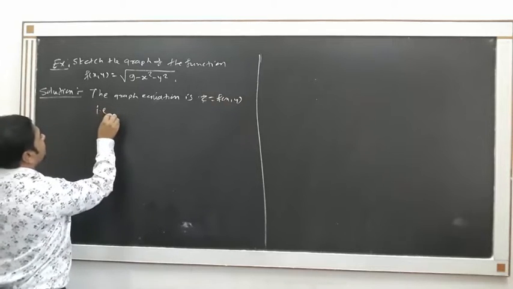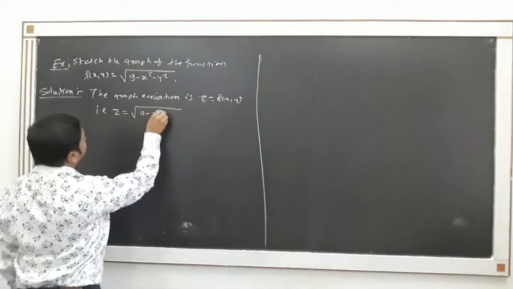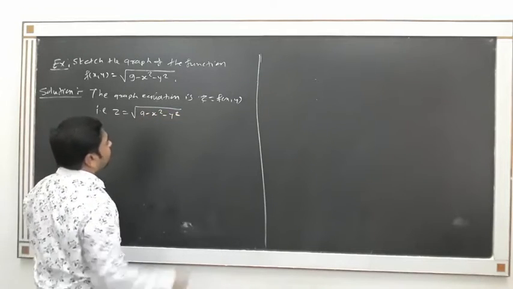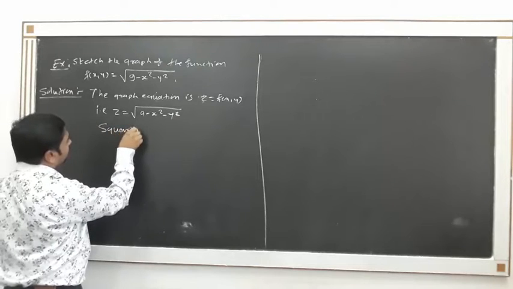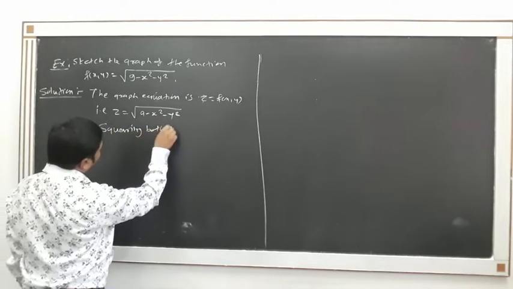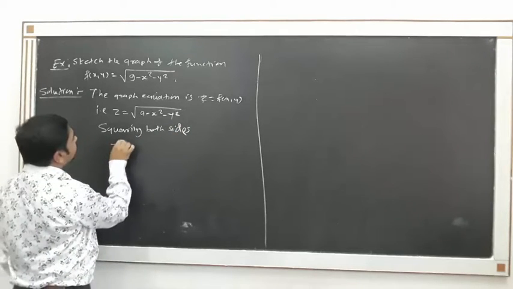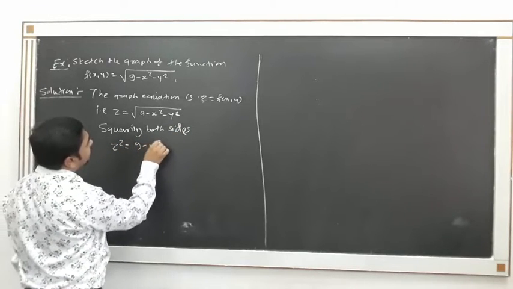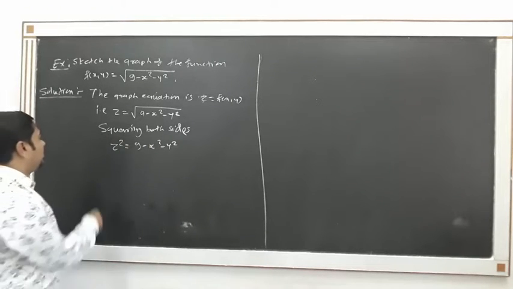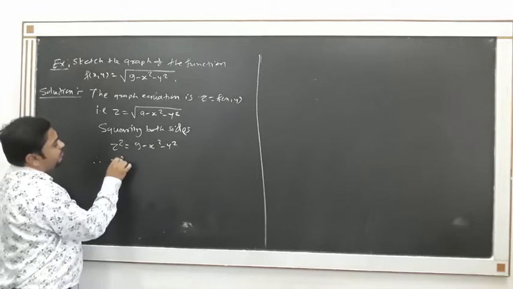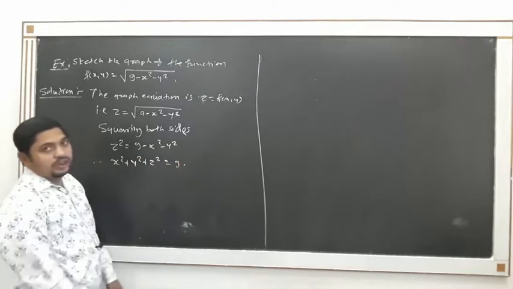That is what we can write. z is equal to square root of 9 minus x square minus y square. If we square both sides, what are we getting? z square is equal to 9 minus x square minus y square. Try to simplify. Therefore, x square plus y square plus z square is equal to 9.